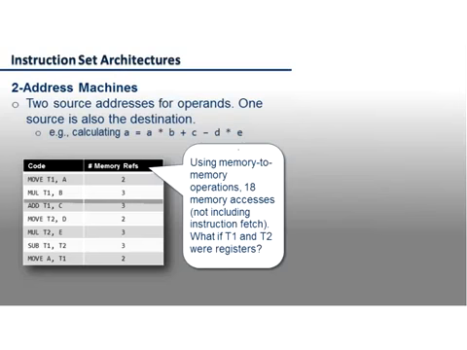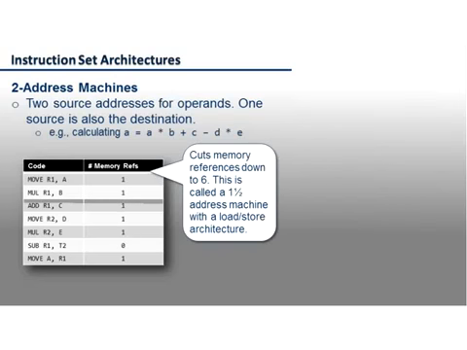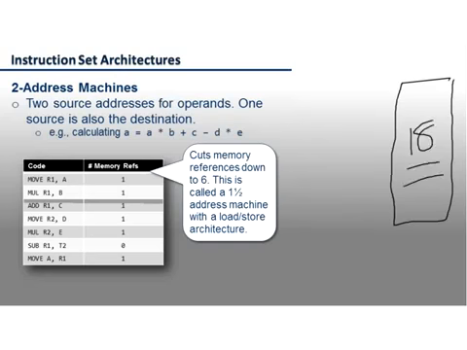What if we cut it down? We can cut it down, here's where the register comes in. So 18 in the previous method, 18 times we had to access the memory. But if we had the register, the number will be reduced much. Why? Now instead of having the T2 or T1, we have the values in the register.